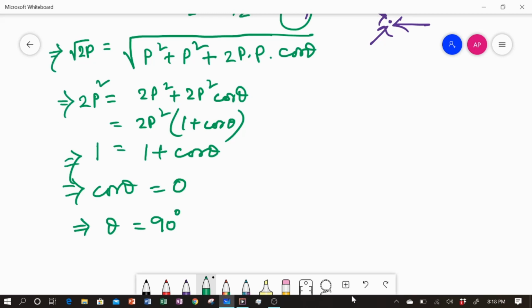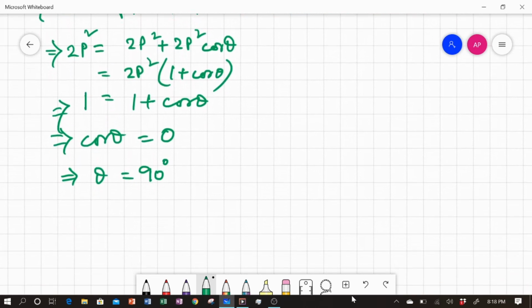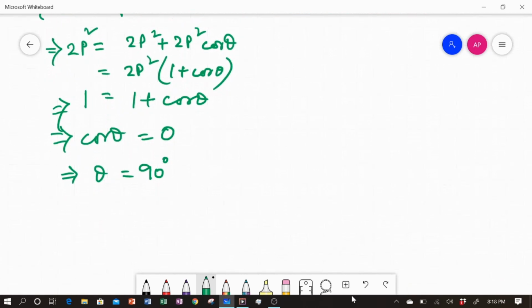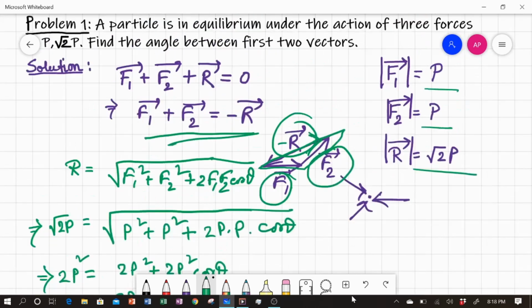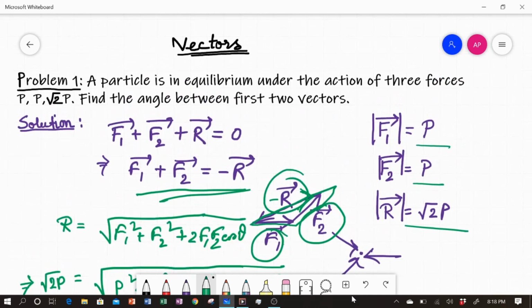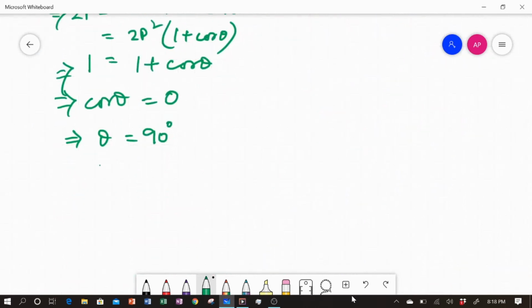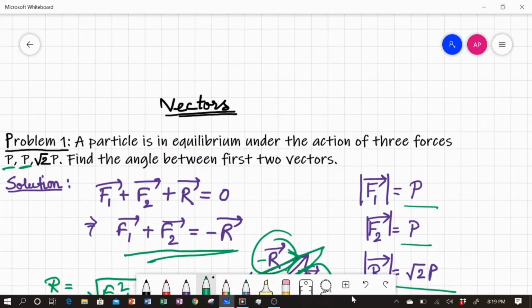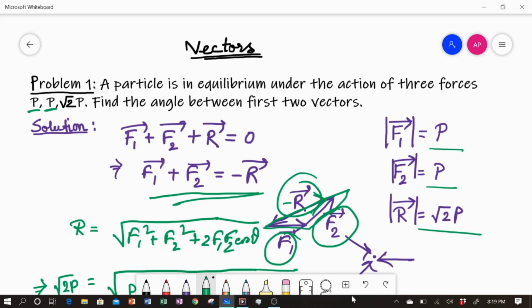So we get the angle between these two vectors as theta equals 90 degrees, if and only if root 2P is the resultant and the particle is in equilibrium under these three forces.